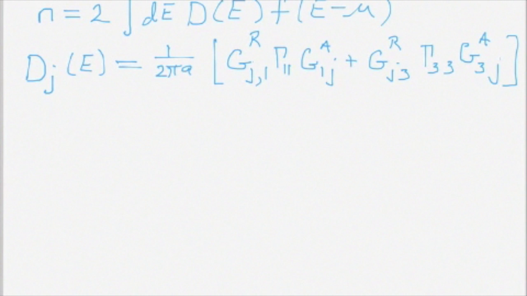And in fact, it gives you the density of states in non-equilibrium also. But in non-equilibrium, because you have two different Fermi functions from the two different contacts, you can't directly use this to calculate the electron density. You have to break it up into the two pieces and multiply by the two separate Fermi factors.